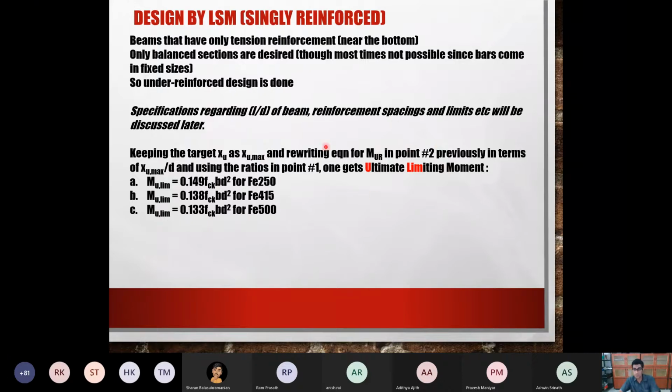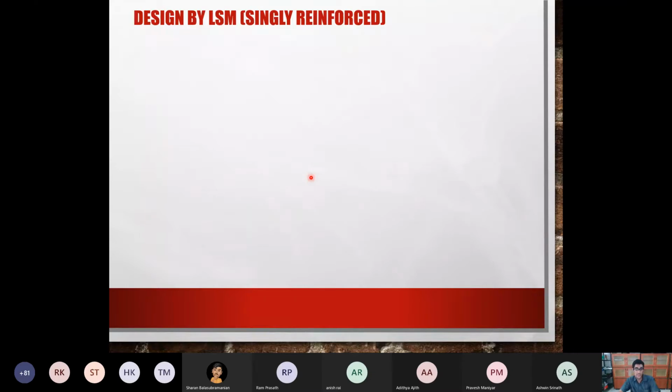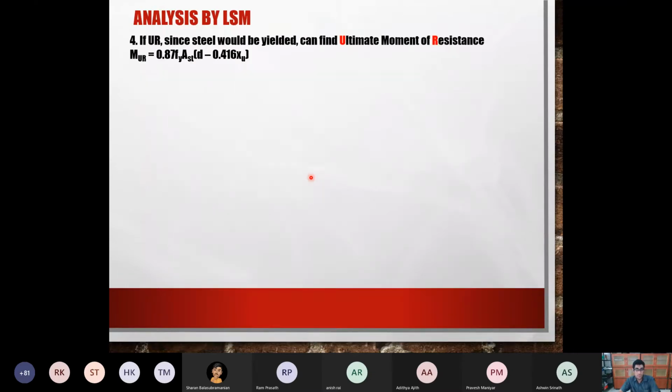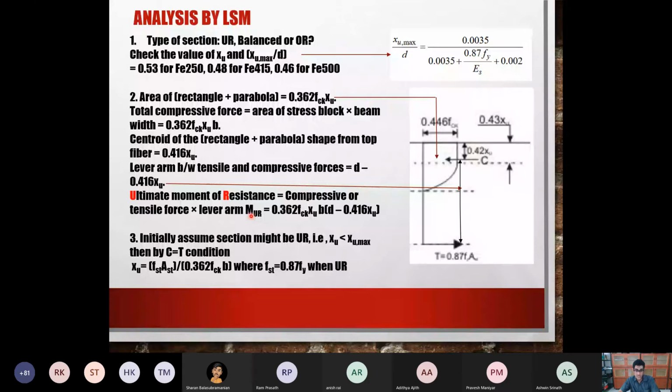Probably I will go back to that slide. Yeah. You see an equation over here, right? So this equation that you see over here, what you want to do is replace this XU with XU max.